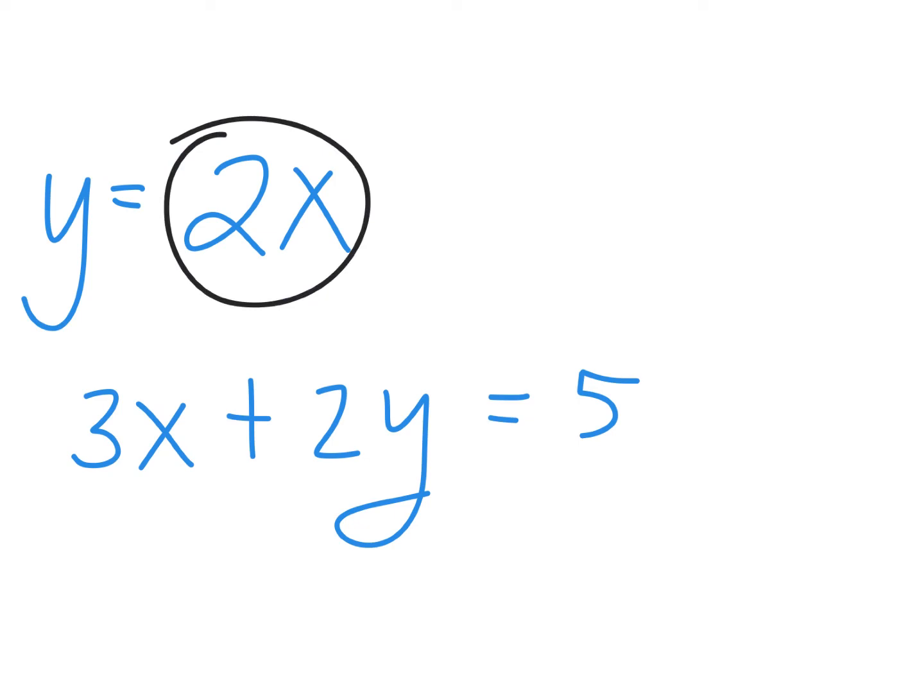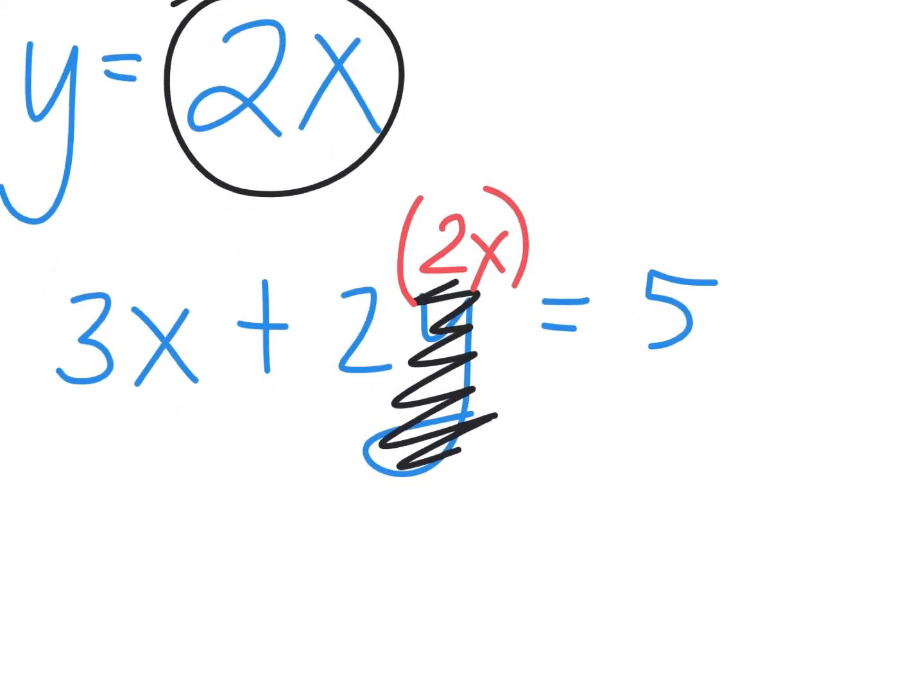Instead of putting in a 2 for y, you're going to put in 2x. So do you see the y down there? Avia, what am I going to replace the y with? What's y equal to? 2x. So put it there. And now look at that equation. It's only got x's.